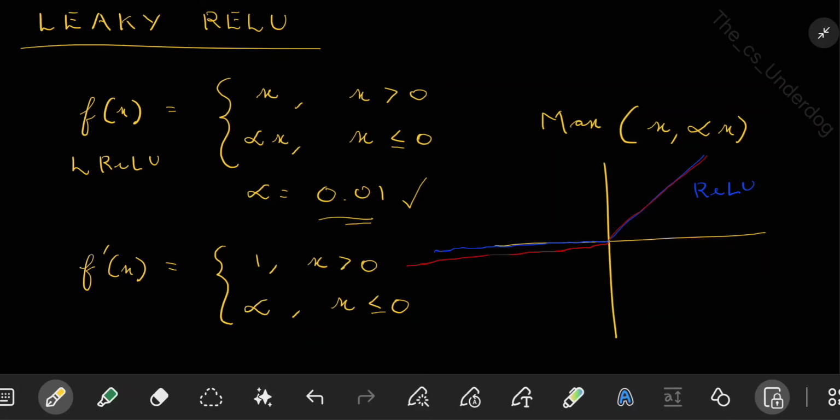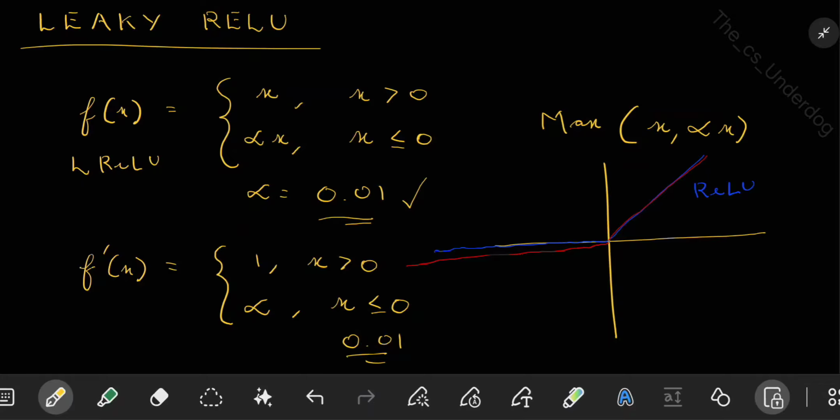So your new derivative whenever x is lesser than or equal to 0 is alpha. I know alpha is very small, 0.01, but this is still better than having 0 as your gradient. Now you have a small gradient flowing backward. This is the advantage of leaky ReLU.